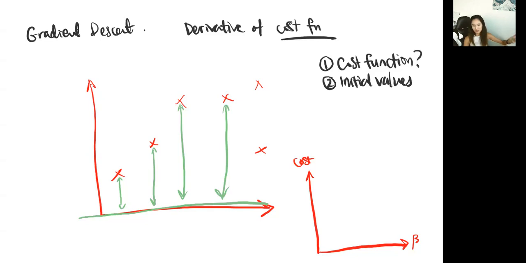Let's say we're trying to compute the slope here. In this case, this is price, this is square foot, this is our cost function, and this is our beta. Remember, beta is the slope. So at beta equal to 0, the slope of this green line, we have a pretty high cost. Let's say this green X is the value of our cost, relatively high.